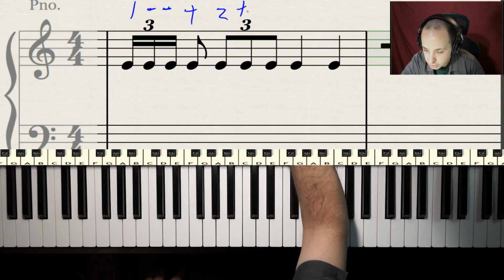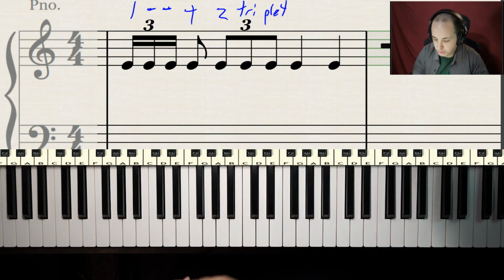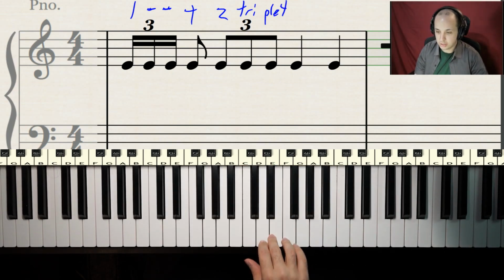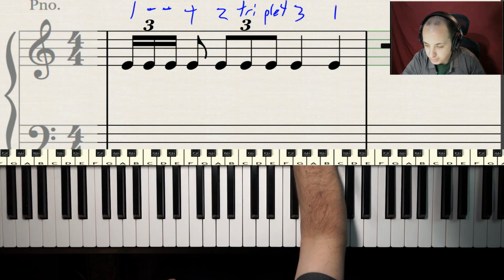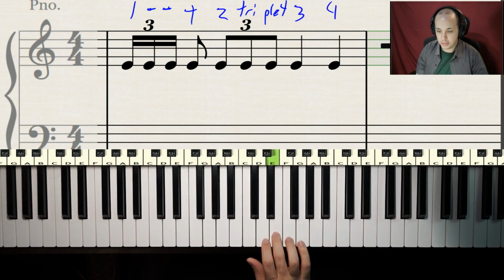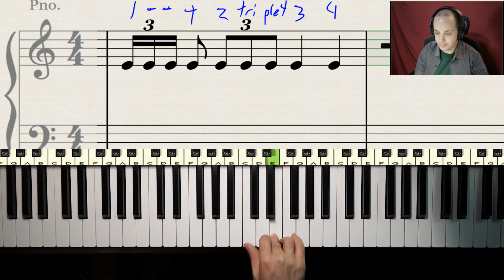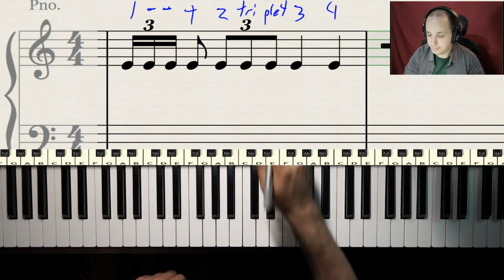Then what's going to come next? Triplet. So this is going to go 1 and 2 triplet, and then 3, 4, right? 1 and 2 triplet, 3, 4. Just like that.